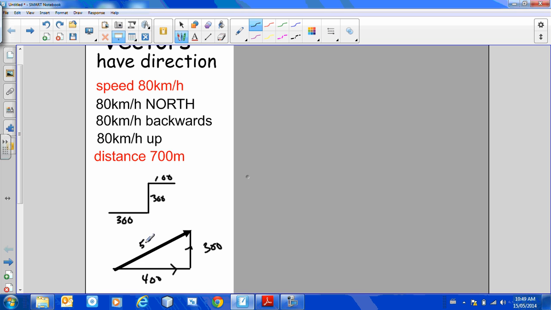So an overall displacement of 500 in this direction, which I don't actually know, but is somewhere in the 40 degrees, so something like north 50 east. I didn't actually do that calculation, but the understanding is that that's the direction there. That's the magnitude of the overall displacement. The actual distance traveled, the distance walked or whatever, was the 700.